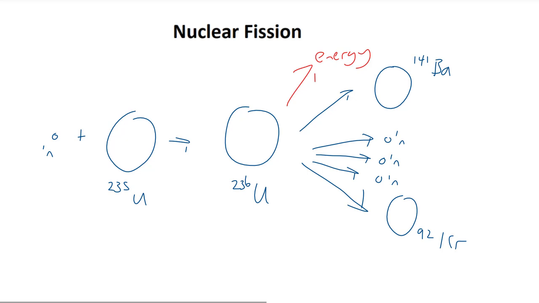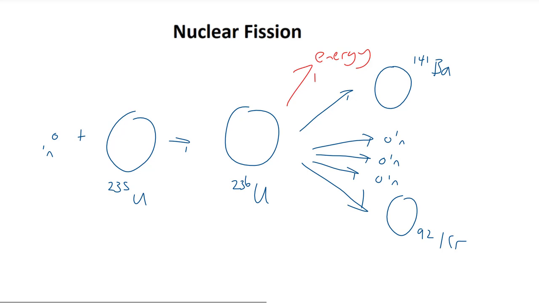Why is this an important fission reaction? Well, if you look to the left before the reaction occurred, we initially had 1 neutron. After the reaction, we now have 3 neutrons. Then if we have a container that contains many uranium-235 nuclei, simply adding 1 neutron into that container will create 3 neutrons in one reaction.